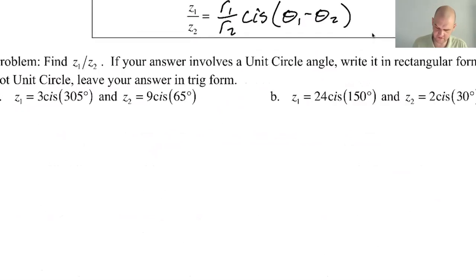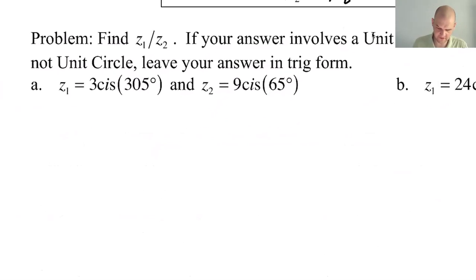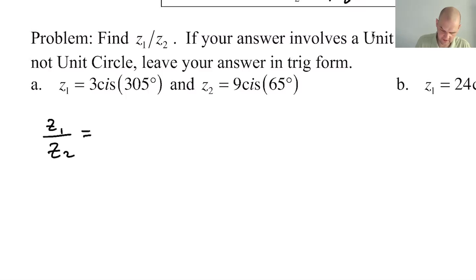So let's see. All right, we got two of these to do. Z1 divided by Z2 is going to be, so I divide the moduli, 3 over 9, and then cis, subtract the arguments, minus 65.